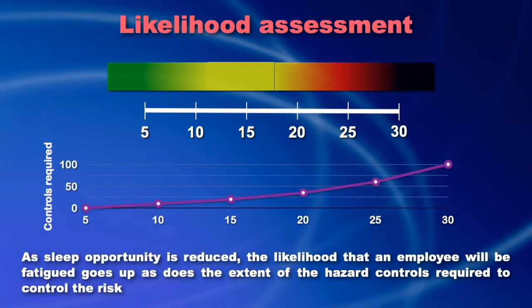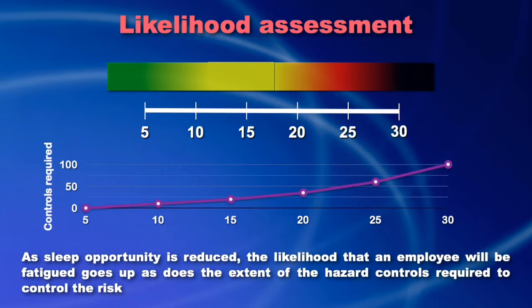If people choose to work a roster with a high likelihood of fatigue, then you must implement the appropriate controls, and they must be, relatively speaking, proportional to the increase in the likelihood of fatigue. So as you can see from this graph, as the scores go above 5, you need controls, and the more they go above 5, the more controls that you need.